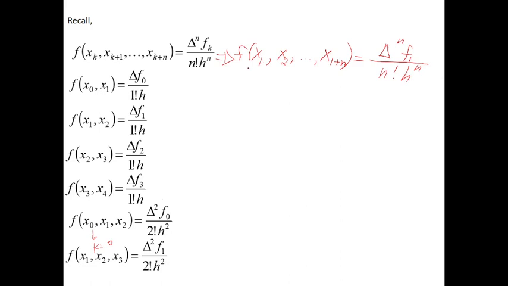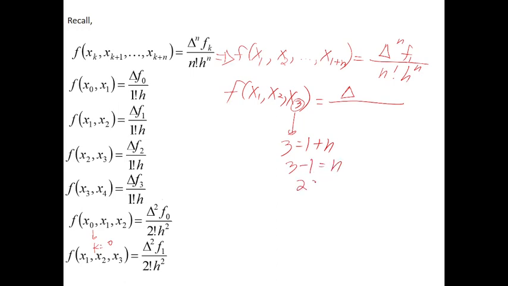So, kinonsider lang natin tatlo, x1, x2, x3. X sub 1, x sub 2, x sub 3. Okay? And then we have delta to the power of n. So what is n? Ano tong 3? 3 is equals to 1 plus n, right? Ito, 1 plus n siya, di ba? So, 3 minus 1 is equals to n. So, n is 2.